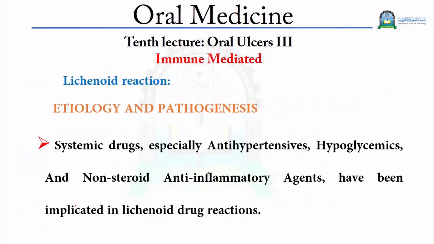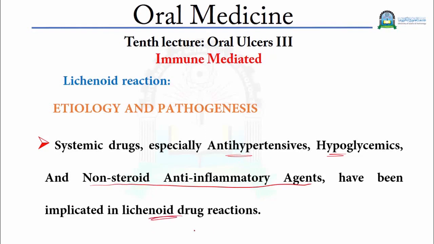The lichenoid reaction resembles the lichen planus but differs from it by the cause. Systemic drugs, especially antihypertensives and hypoglycemics for diabetes, and non-steroidal anti-inflammatory agents as analgesics have been implicated in lichenoid drug reactions.